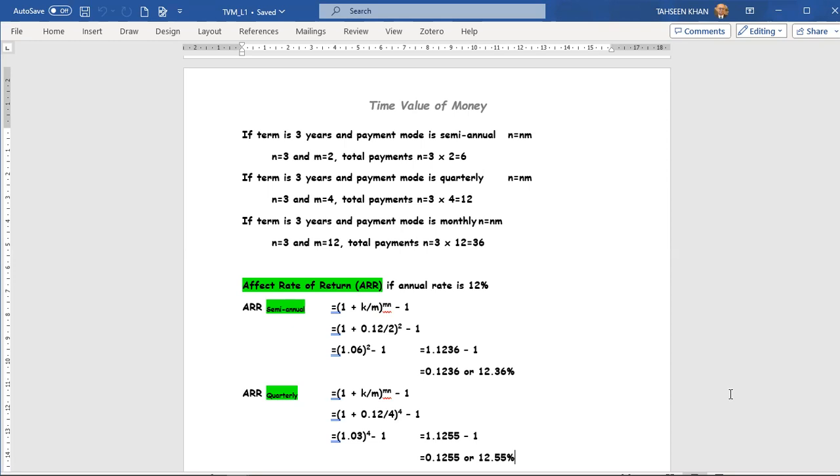So in case you are receiving profit payments on a semi-annual basis, it means your effective rate of return is 12.36%, whereas the annual rate is 12%. In case of quarterly, that is calculated and comes to 12.55%.